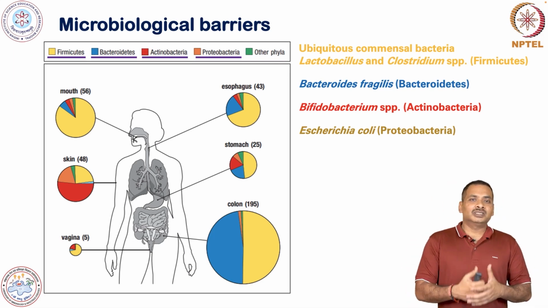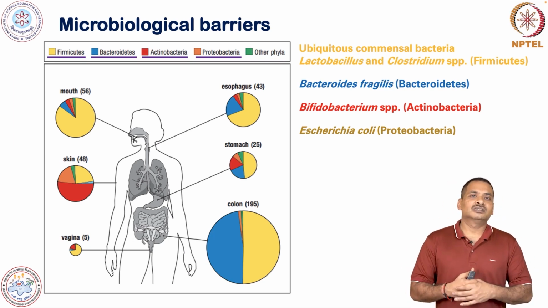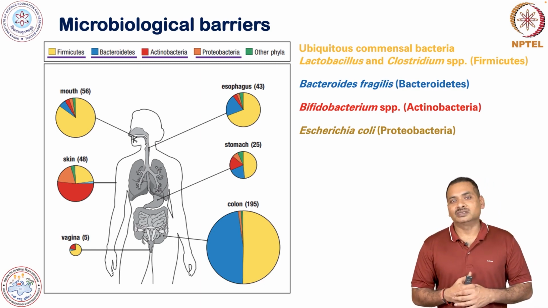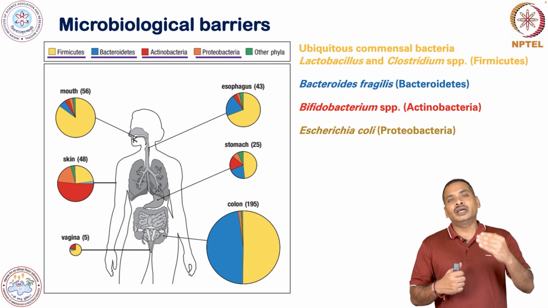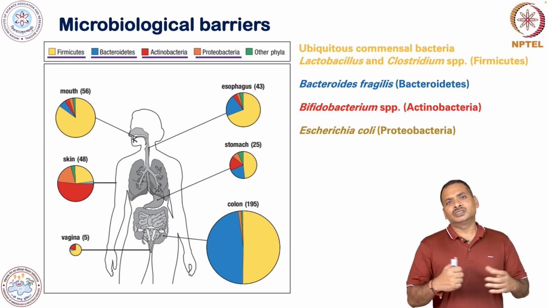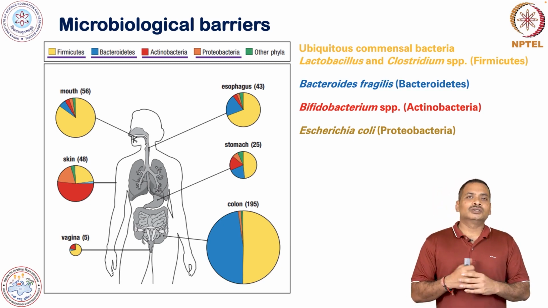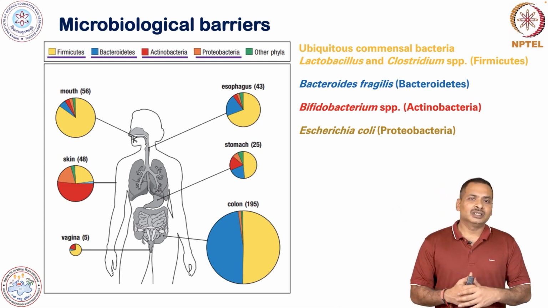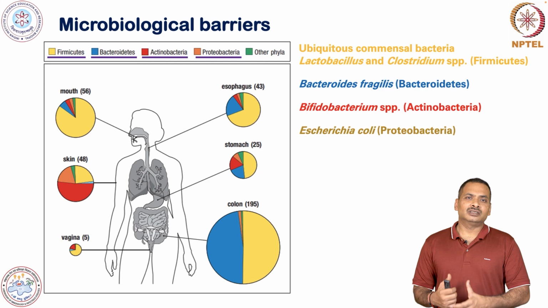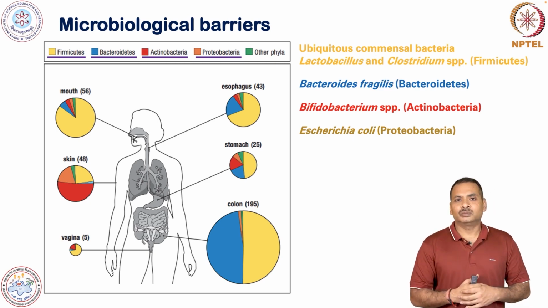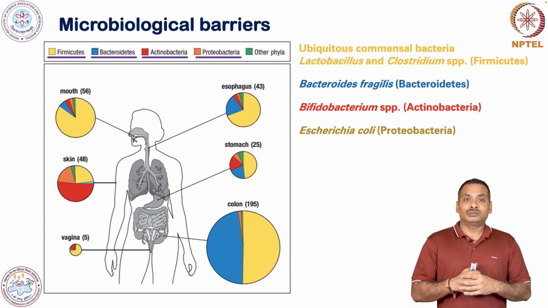Whatever they eat, there will be some pain or cramps. There are many inflammatory bowel diseases, and one is Crohn's disease. In that scenario our immune system starts reacting with commensal bacteria, and that creates a problem.